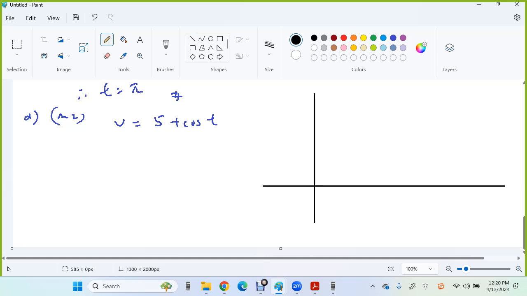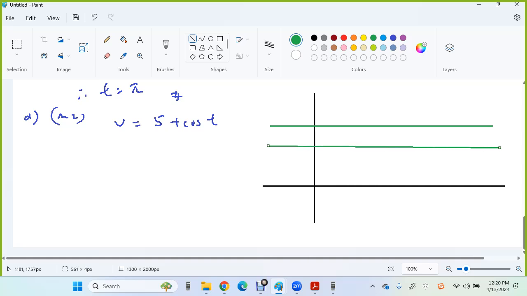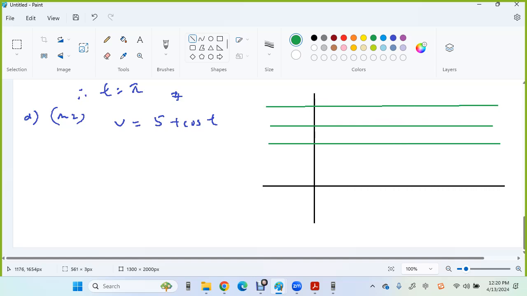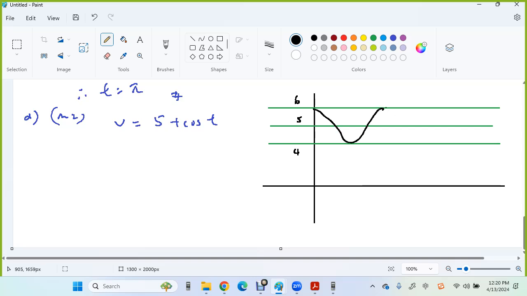Cos t plus 5. So at 0 plus 5, and then minus 1 will be 4, and plus 1 will be 6. So we have 4, 5, 6, and cos will look something like this, and repeat again.